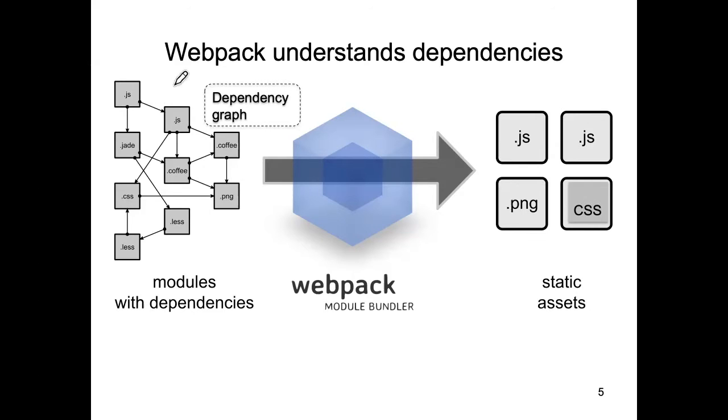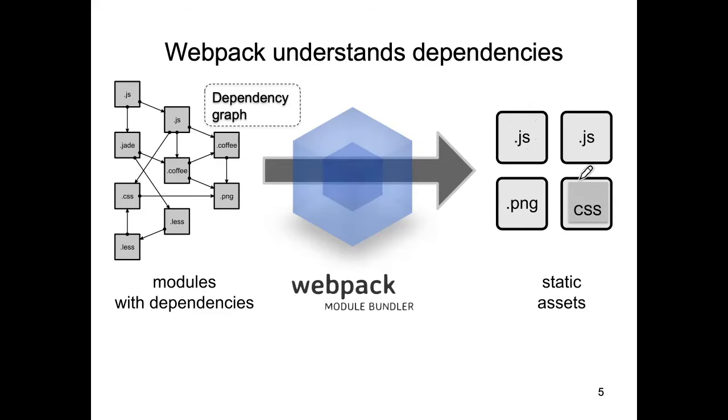Either way, we've got what's called a dependency graph on our left, which contains all of our modules and the dependency relationships between them. And what bundling involves is taking all of these modules on the left and creating what we see on the right. What we see on the right are a smaller number of files, in simple terms, but those files will contain either all or some of the JavaScript from the left.